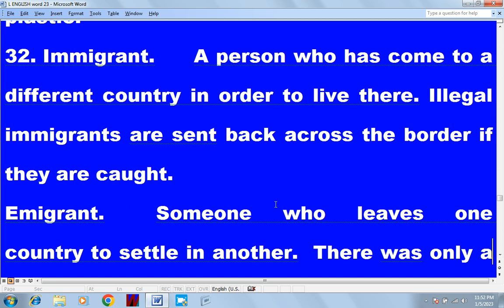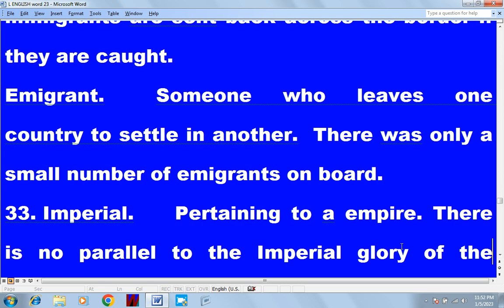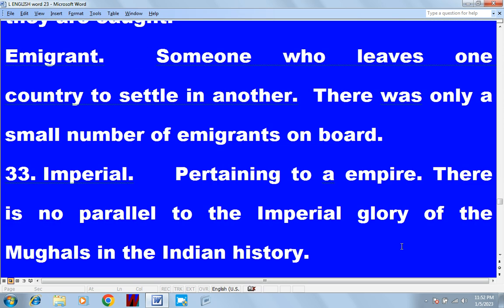Someone who leaves one's country to settle in another is an emigrant. Remember in such ways. There was only a small number of immigrants on board.